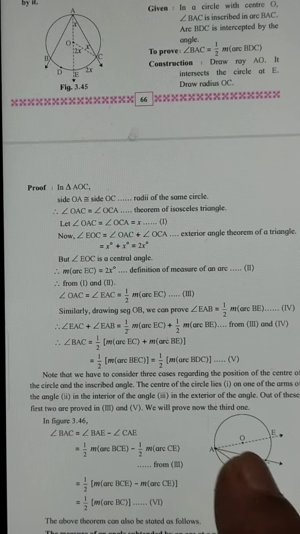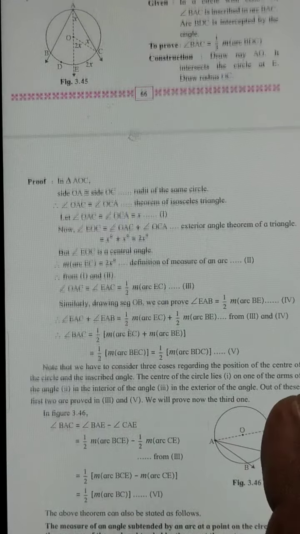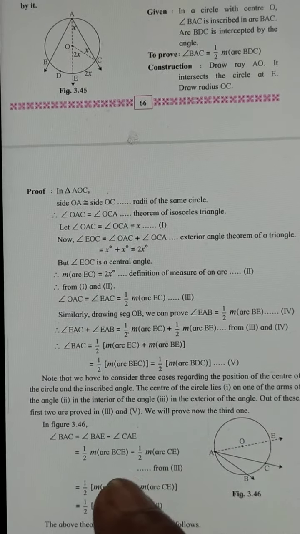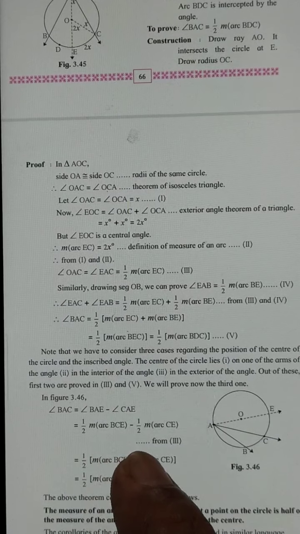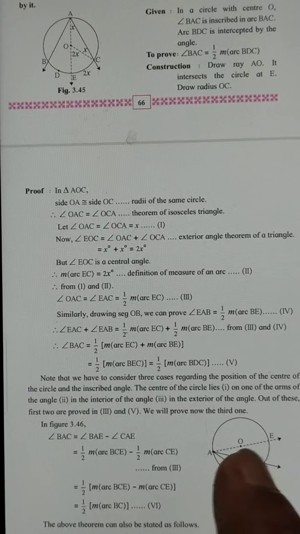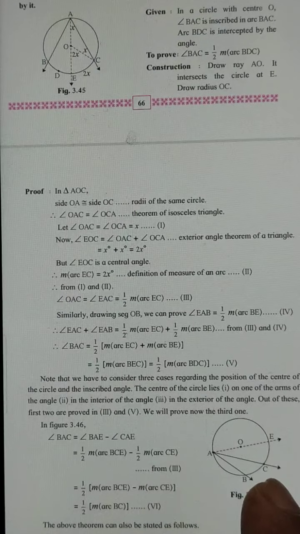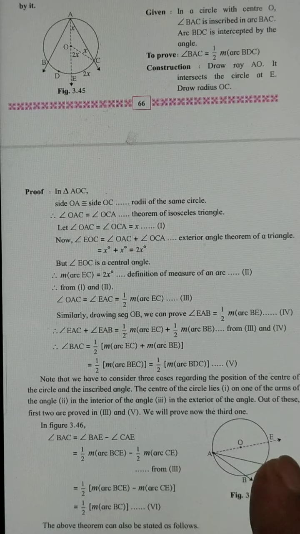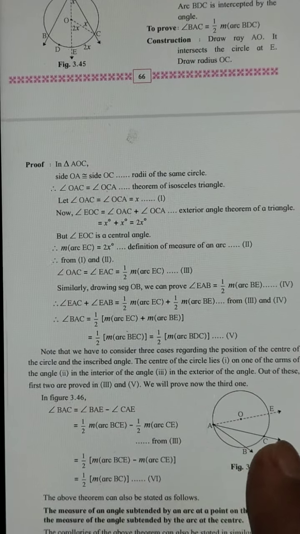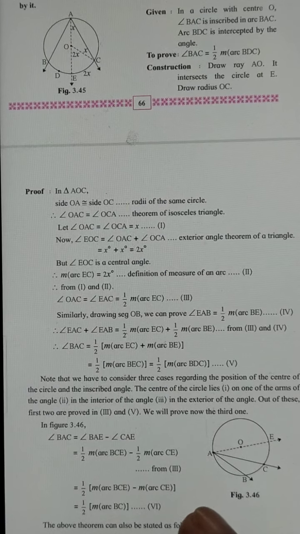Angle BAC is equal to angle BAE minus angle CAE. So here angle BAC is equal to half of the measure of arc BCE minus half the measure of arc CE, from 3.